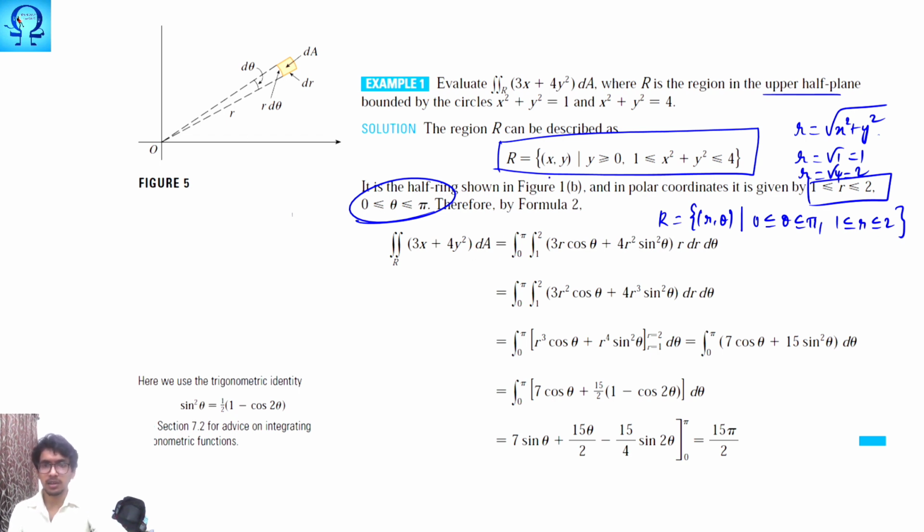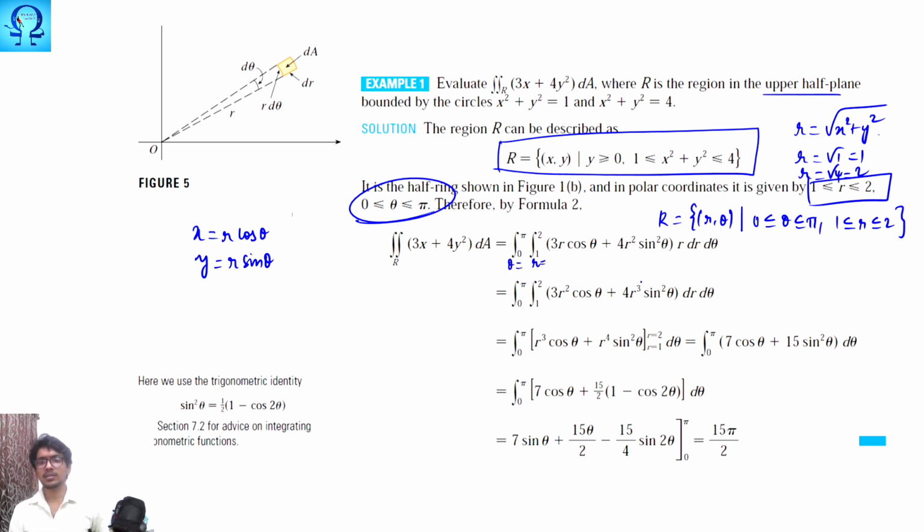Now this integral becomes, what is x? Your x is r cos theta, y is r sin theta. We are just making these substitutions. Once we substitute this one, your dA becomes what? r dr d theta. Inner we have the r limit and the outer, this is for r and this is for theta.